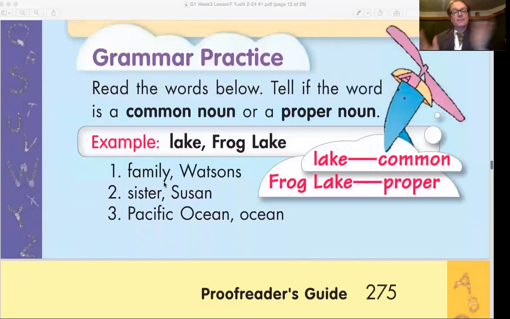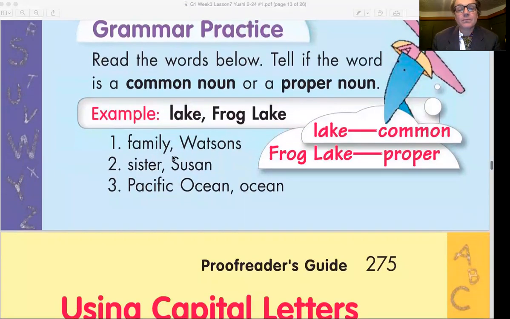Let's practice this. Read the words below. Tell if the word is a common noun or a proper noun. Remember the difference? Let's look at the words. Family. Watsons.